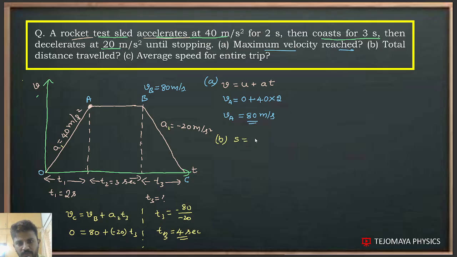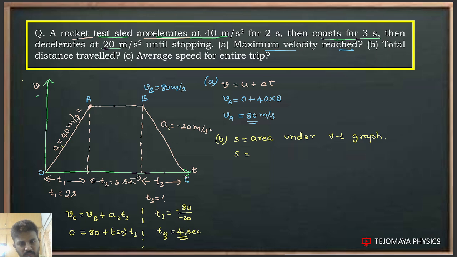the area under the velocity versus time graph. Here it looks like a trapezium, right?